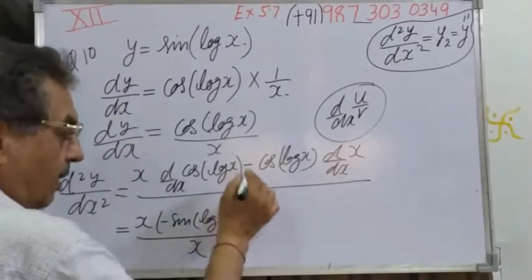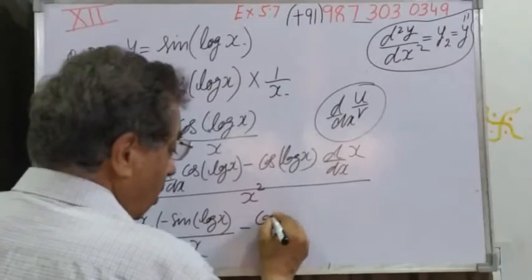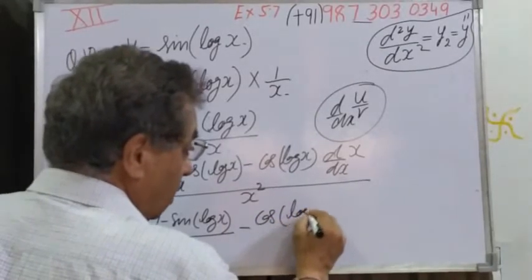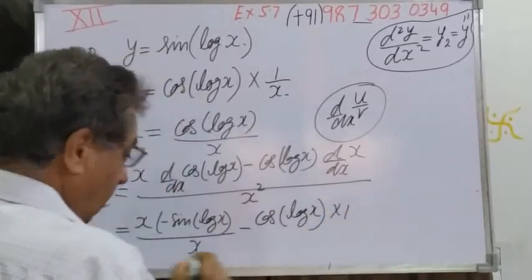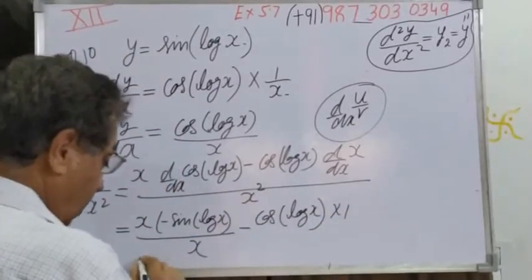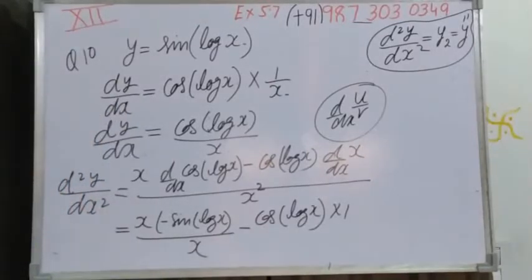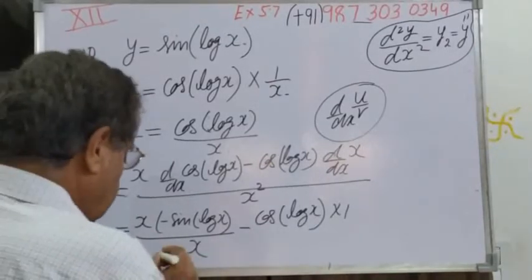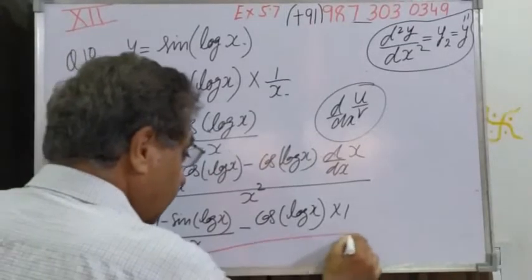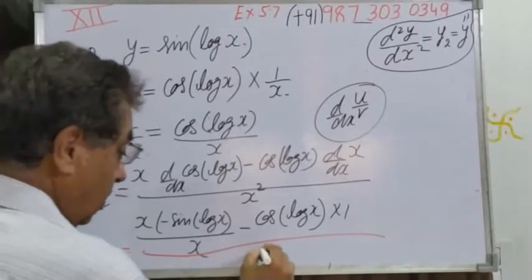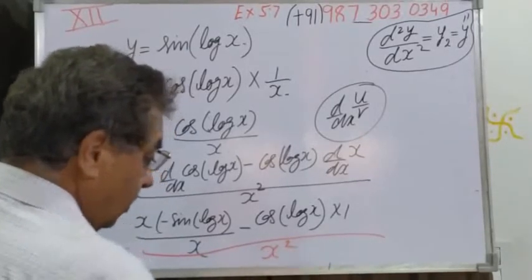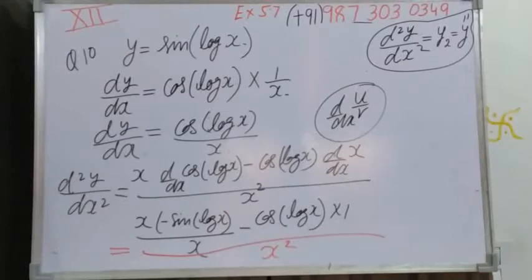Now minus cos of log x, the derivative of x is 1, and the whole is divided by x square. In the denominator we have x square. So that is the final answer, or you can say that is the second derivative.